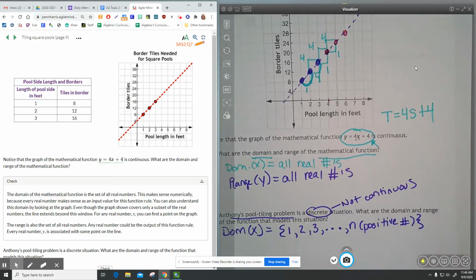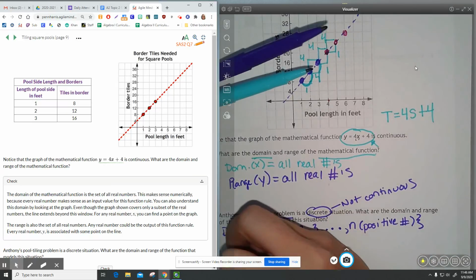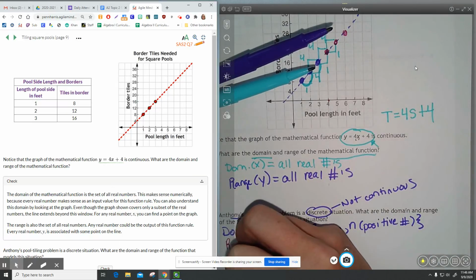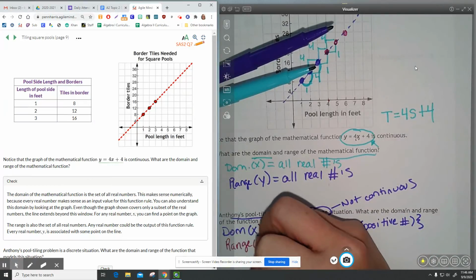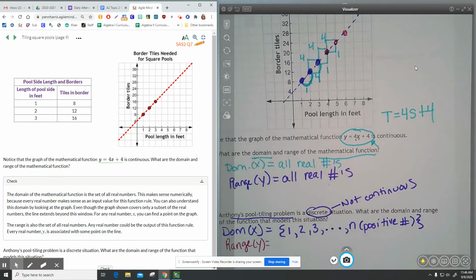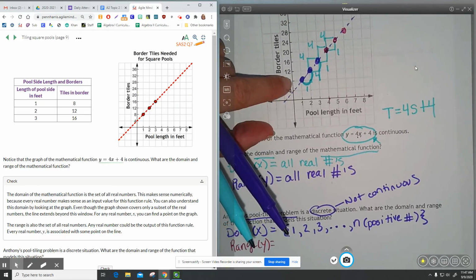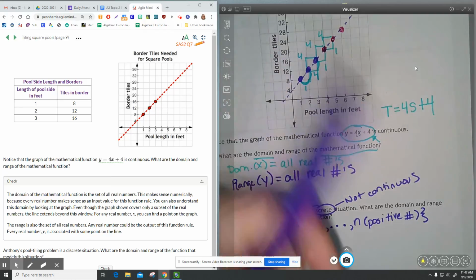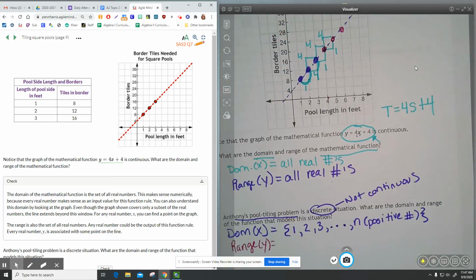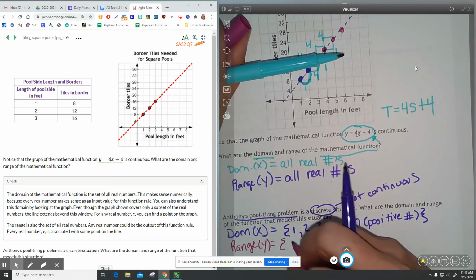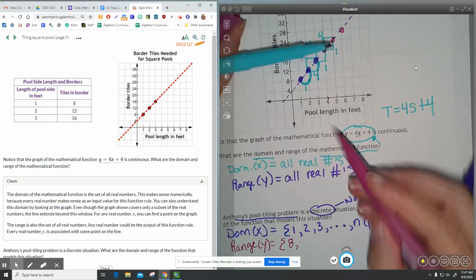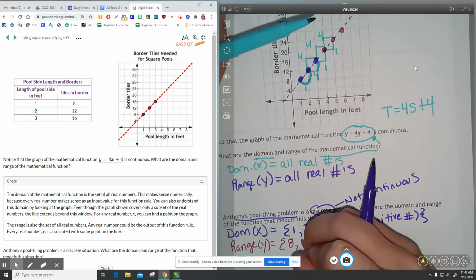Okay, so now let's talk about the range. My range is going to be my y values. Okay, again, this one's going to be a little bit different. Before we said that it could be all numbers. Well, in this case, it can't. What is the first number that it starts at? It starts at the number 8. So my first number is going to be 8. My next number is 12.